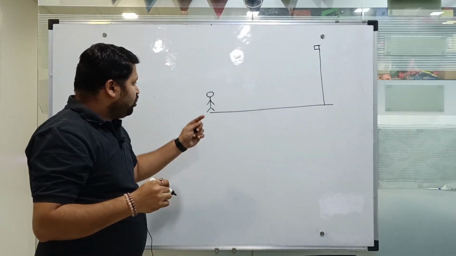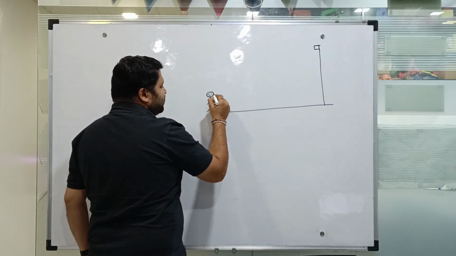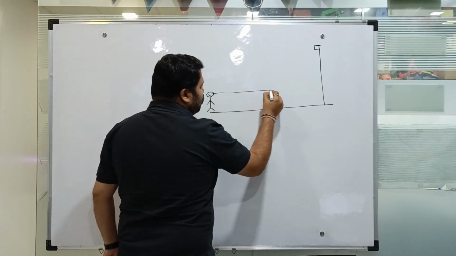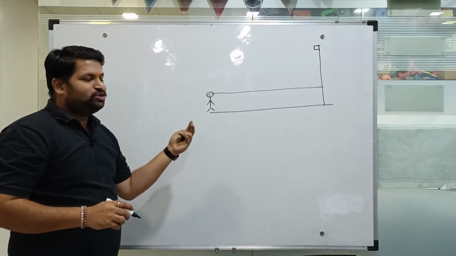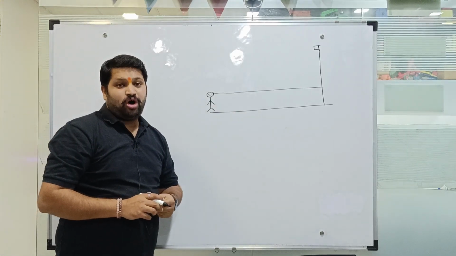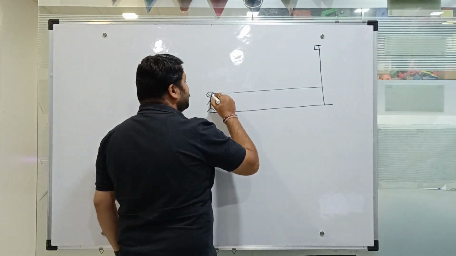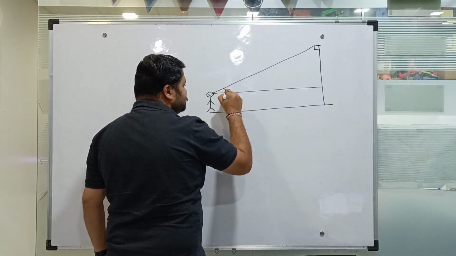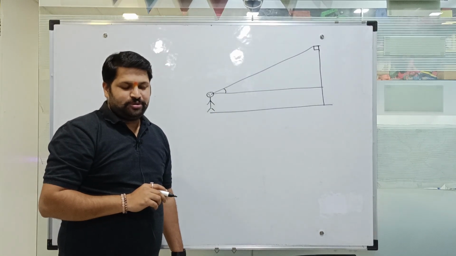Now, we have his eyesight, the line which is parallel to the horizontal and passes through his eyes. This is going to be considered as the horizontal, and the angle that this line makes with the flag is going to be called the angle of elevation.